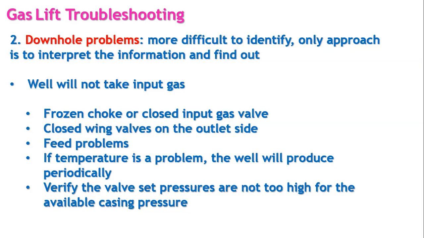So maybe you are thinking that we have a problem when it was caused by somebody. Another, the temperature, as I mentioned before, is a problem. In this case, it is easier to identify because it's a kind of seasonal problem. Also, we have to verify the valve set pressure is not too high for the available casing pressure.